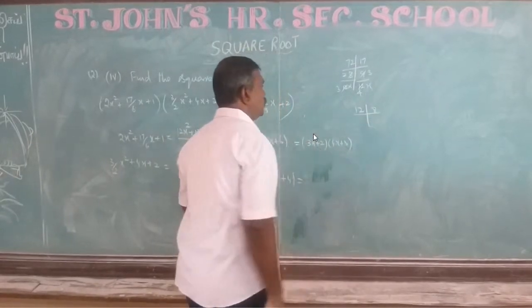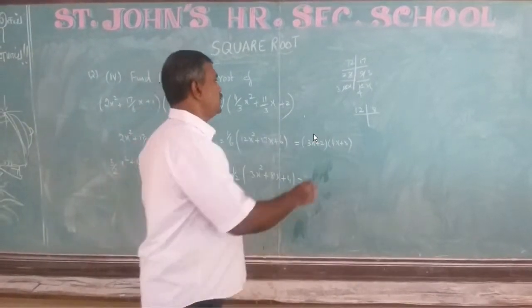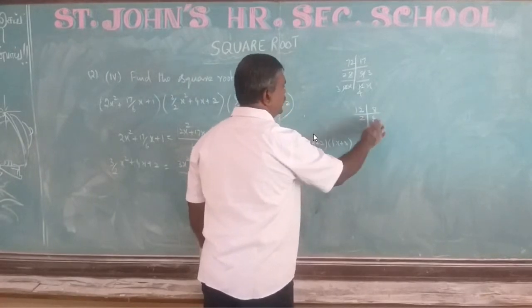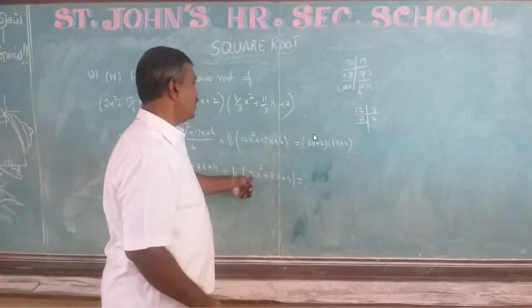The two numbers are 2 and 6: 2 into 6 is 12, and 2 plus 6 is 8. Divide by the first value 3x.